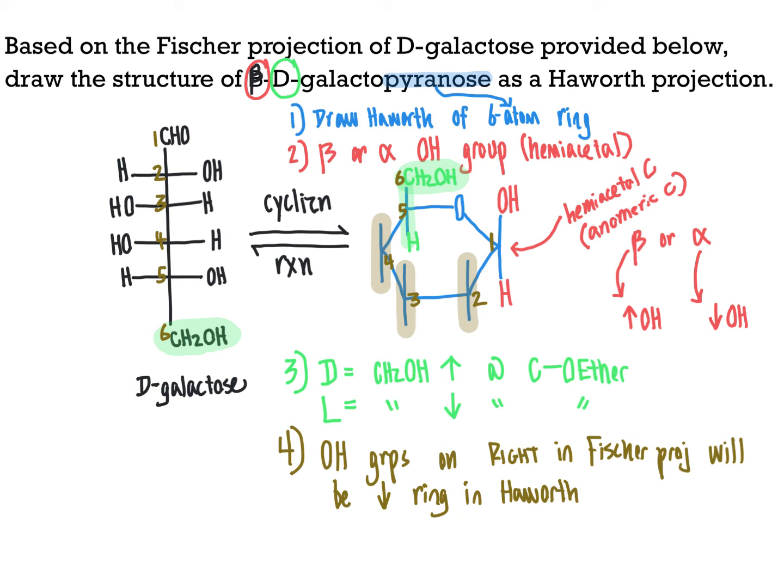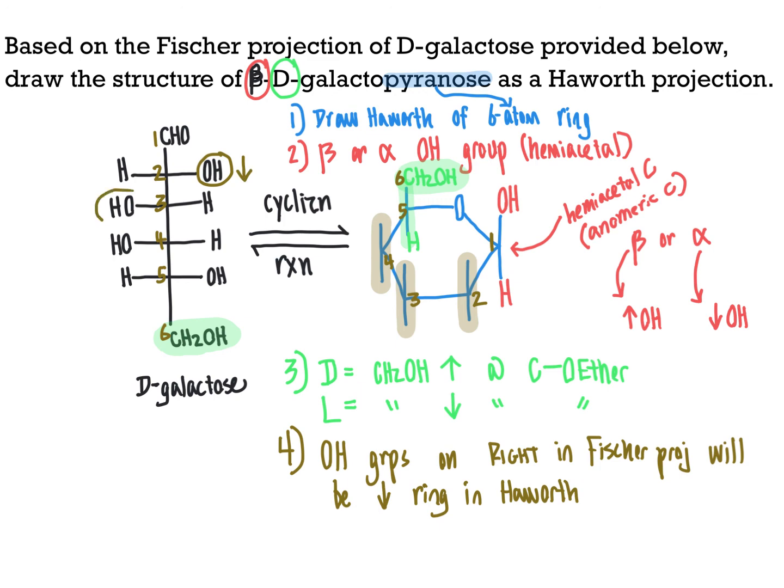So keeping in mind the numbering system we've used here matches the numbering system over here, what we can do then is simply look at position number 2 of our open chain form, and seeing that at position number 2 the OH group is on the right, that means, since it was on the right in the Fischer projection, that it needs to be below the ring in the Haworth projection. So that means that this OH group needs to be below the ring.